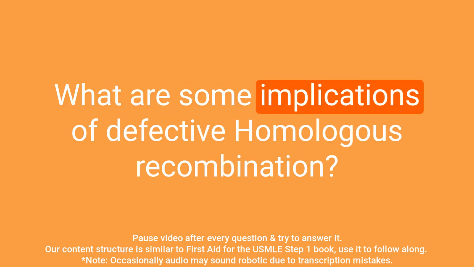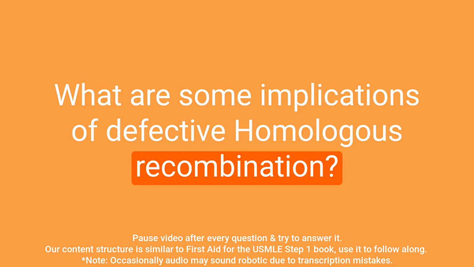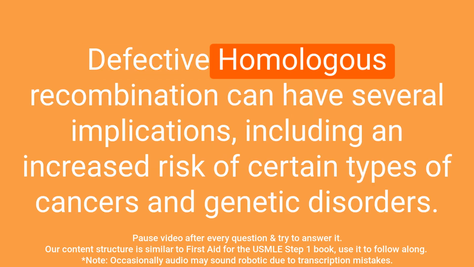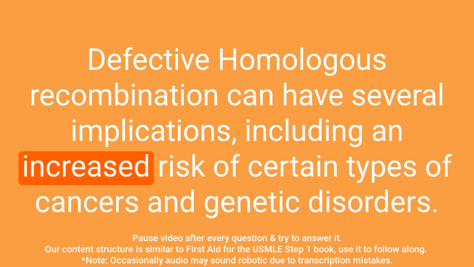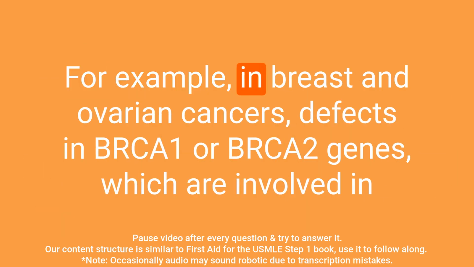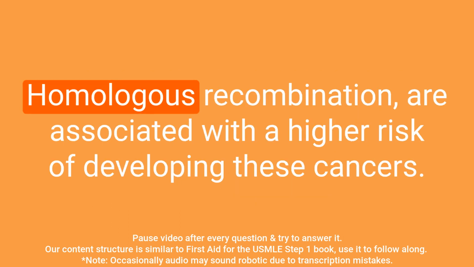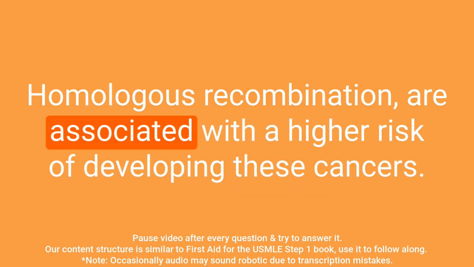Question: What are some implications of defective homologous recombination? Answer: Defective homologous recombination can have several implications, including an increased risk of certain types of cancers and genetic disorders. For example, in breast and ovarian cancers, defects in BRCA1 or BRCA2 genes, which are involved in homologous recombination, are associated with a higher risk of developing these cancers.